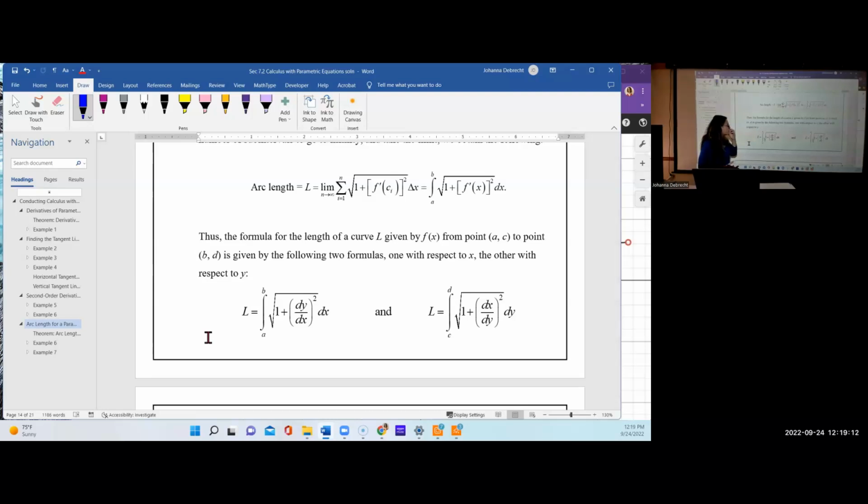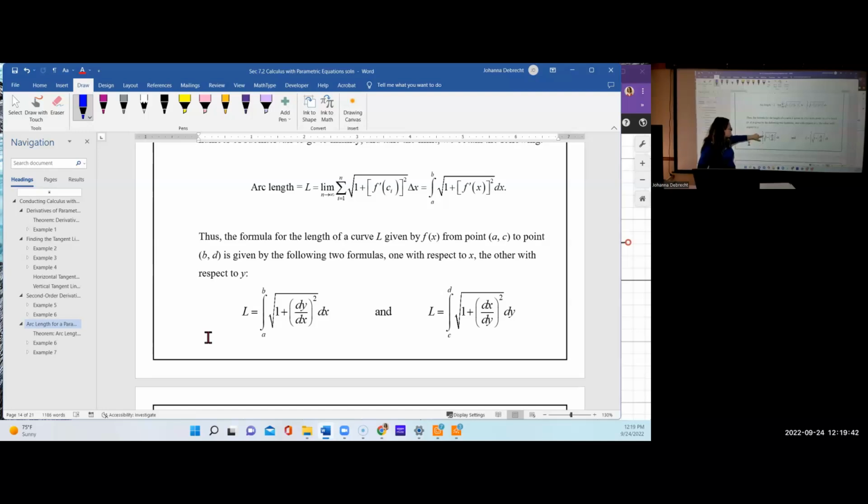If we write it with respect to y, then we get the integral from y equals c to y equals d of the square root of 1 plus dx/dy quantity squared dy, which sounds kind of weird. We don't actually use that one very often, but this is what we have, and we'll study this again more in section 2.4. So this is the length of the arc going from the ordered pair (a, c) on the graph to the point (b, d).